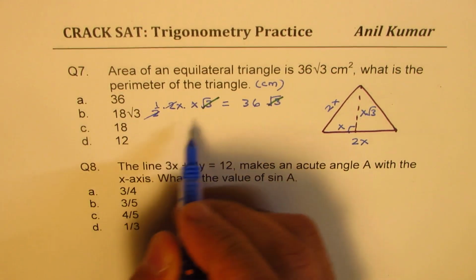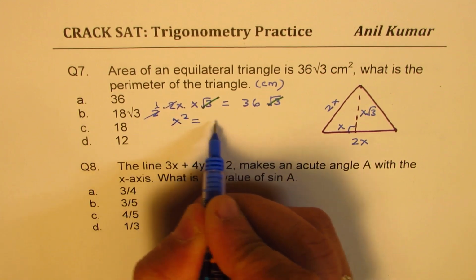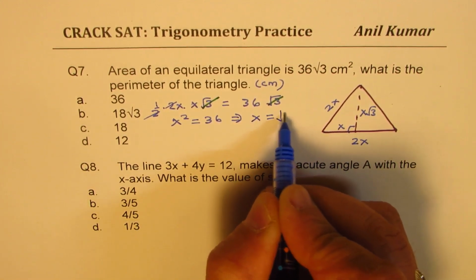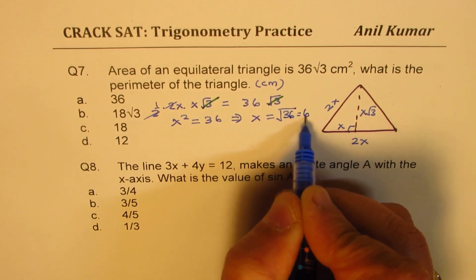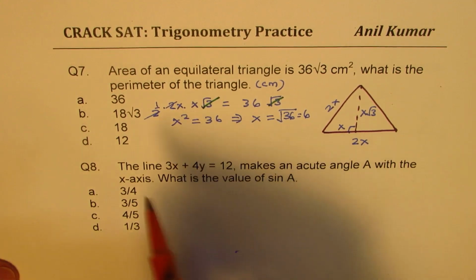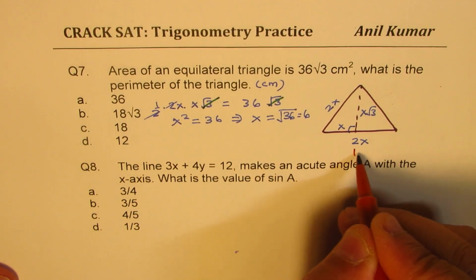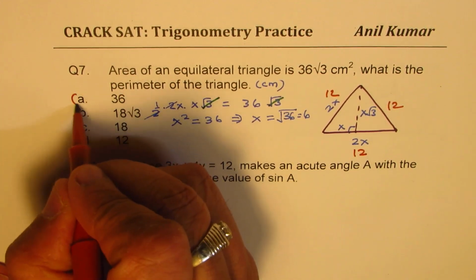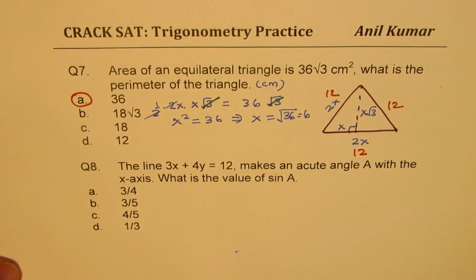The 2 cancels, so we get x squared equals 36, and that gives the value of x as square root of 36, which is 6. So 2 times x is going to be 12. So each side is 12, and therefore the perimeter of the triangle is 36.